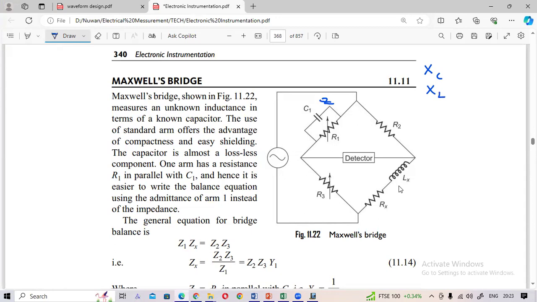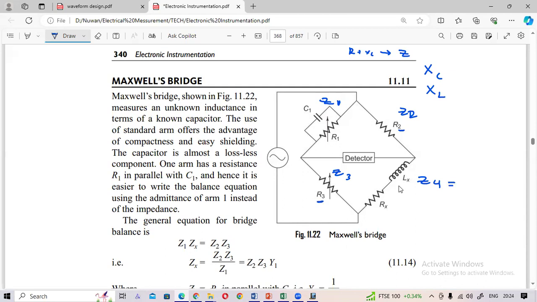So R plus Xc is normally referred to as impedance, that is Z. We are using Z. So you have to find this Z1, the total impedance here, Z2, Z3, and Z4. The total impedance Z2 is equal to R2, Z3 is equal to R3. What is Z4?